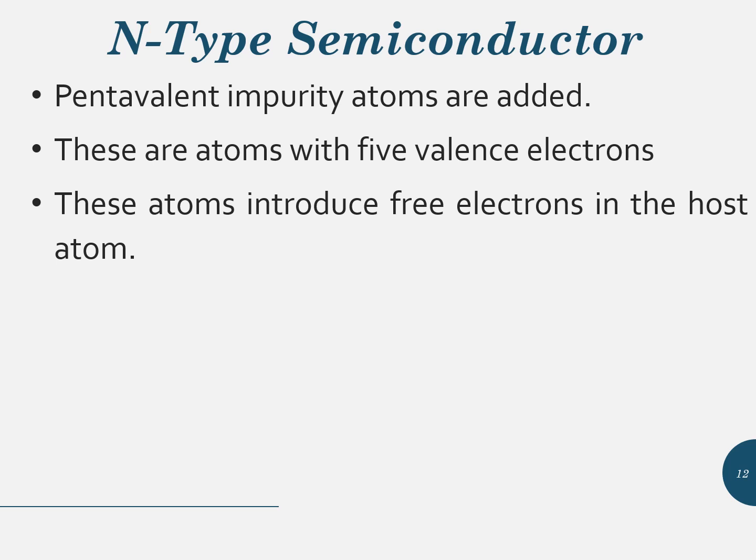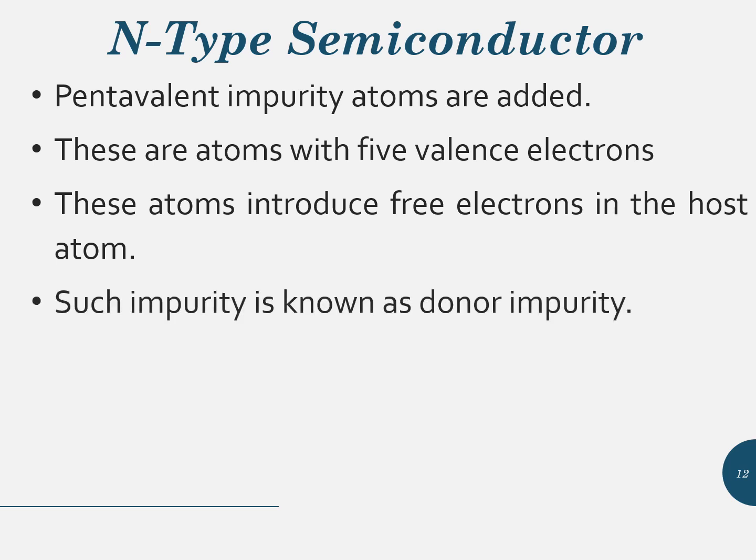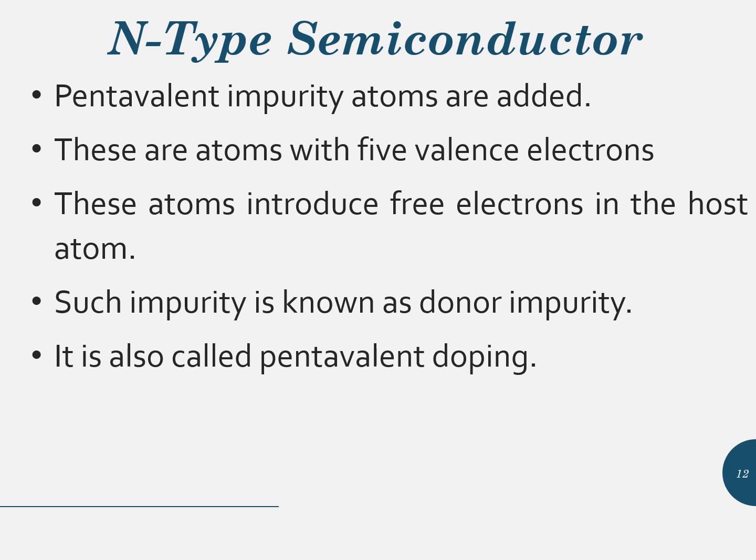Therefore, such impurity is also known as donor impurity. Since the pentavalent atom gives up an electron, it is often called a donor atom. This type of doping is also called pentavalent doping.